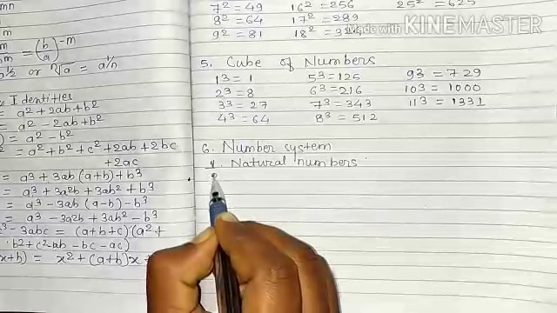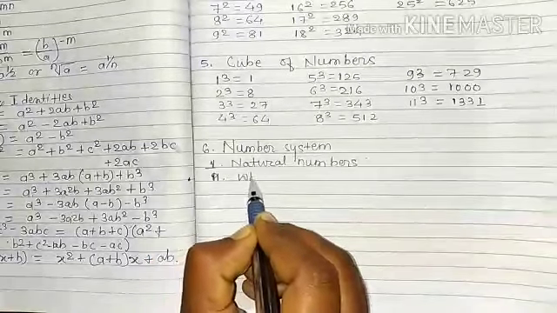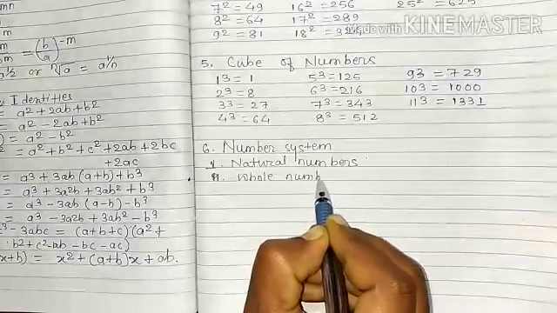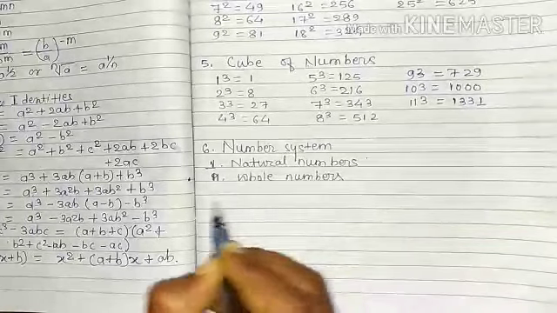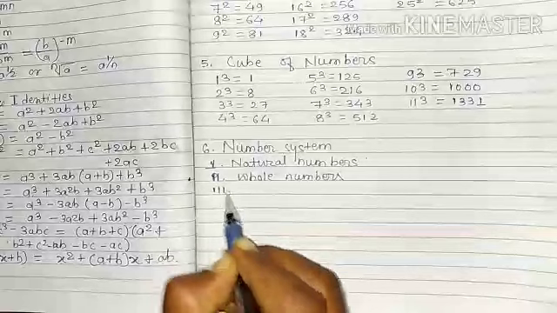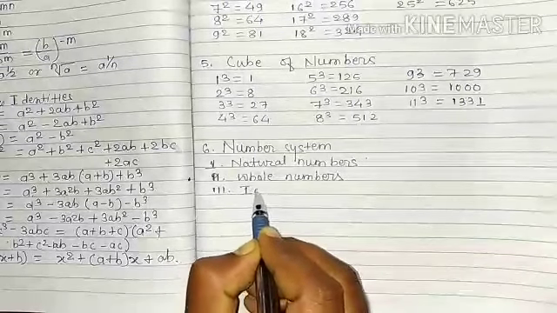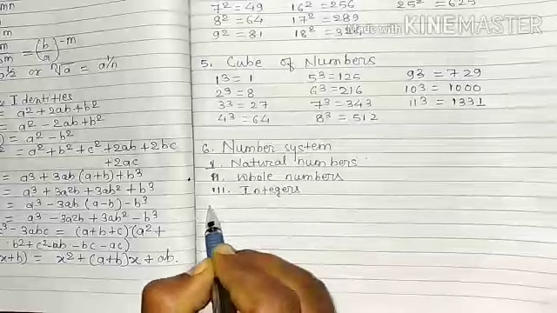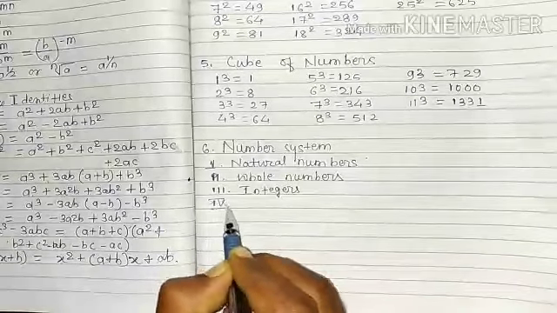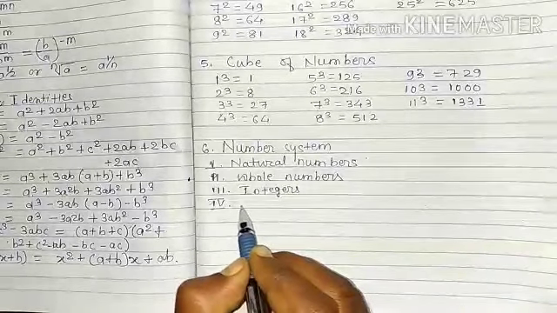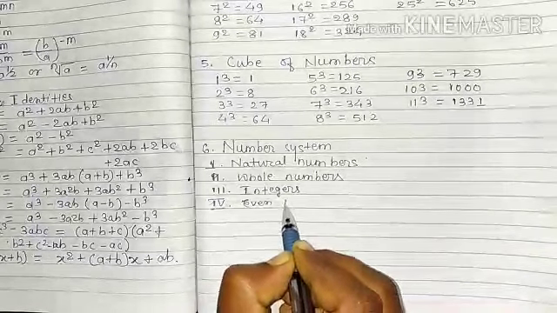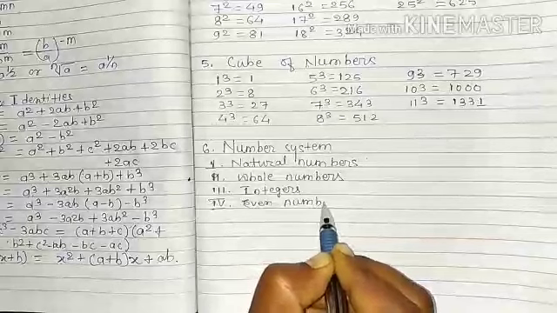Second, whole numbers. Third, integers. Fourth, even numbers.